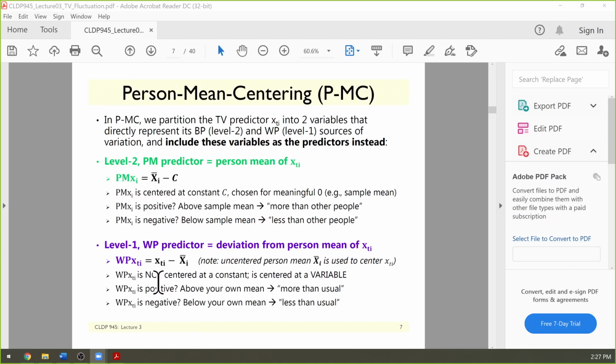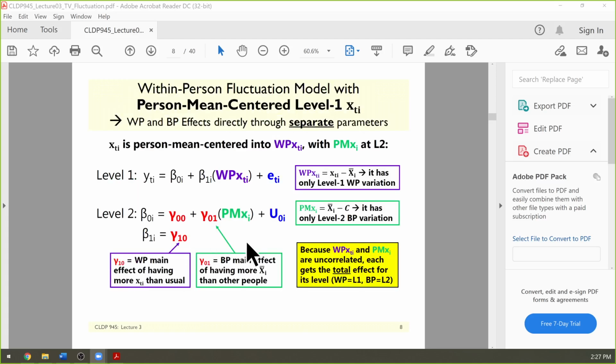And then the new level 1 predictor would be the time varying predictor, x_ti, minus the person's mean. Then these 2 new variables, PMX, which stands for person mean x, and the purple one, within person x, or WPX: between person is captured by PMX and within person is captured by within person x, and it looks like this when you put it back together again.